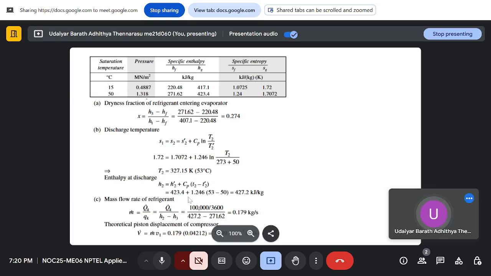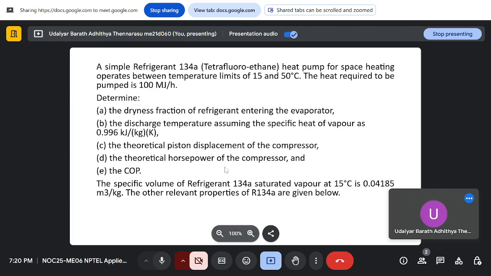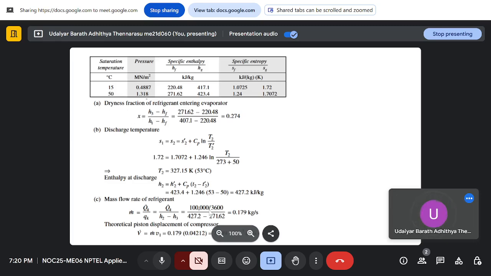So mass flow rate of refrigerant is again heat load divided by the specific enthalpy difference. This is given as 100 megajoule per hour, so 100 into 10 power 6. Since we are writing enthalpy in kilojoules, it is 100 into 10 power 3 kilojoule divided by 3600, divided by your enthalpy difference.